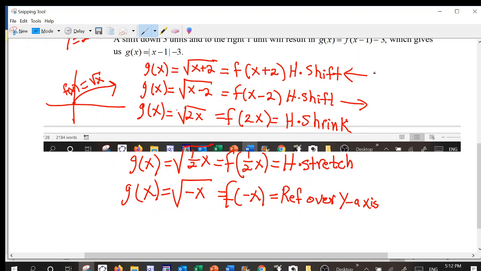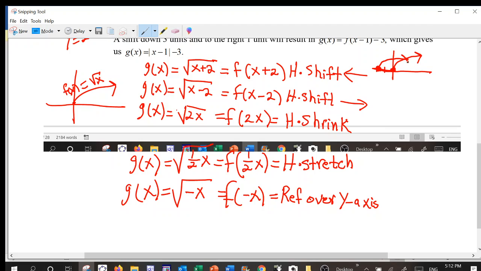Well, this one is going to look like, so if you have the original graph here, well, that doesn't look good. Let me see if I can make it straight. So if the original one is here, you move to the left 2 units.